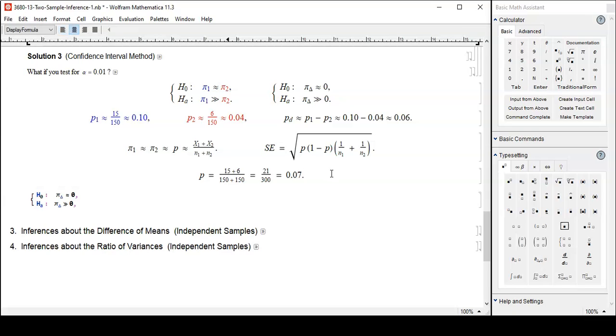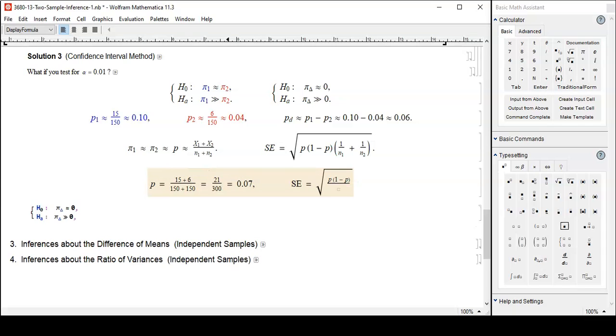Okay, here. And then what if you just do this? SE is the square root of P times 1 minus P over N. After all, didn't we just claim there's no difference?